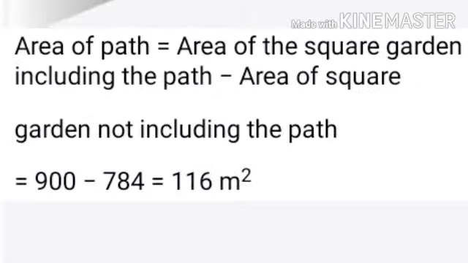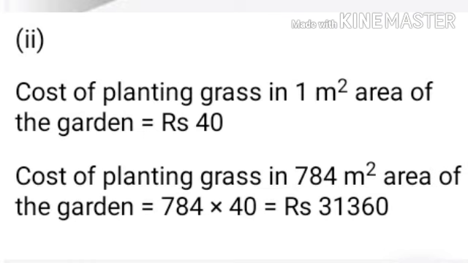Now area of path. Area of path is equal to area of the square garden including the path minus area of square garden not including the path. 900 minus 784 is equal to 116 meter square. So area of path is equal to 116 meter square.